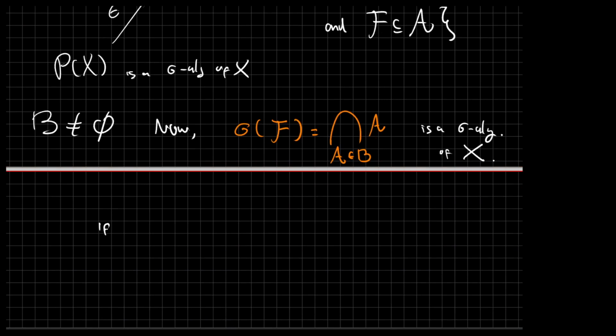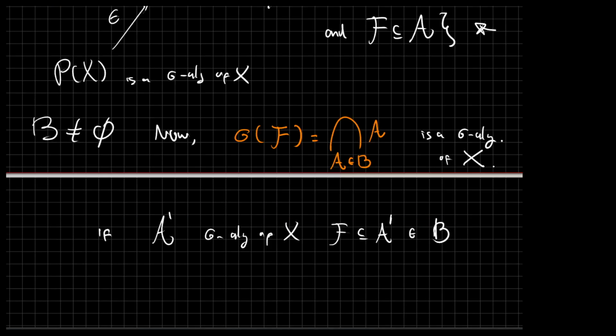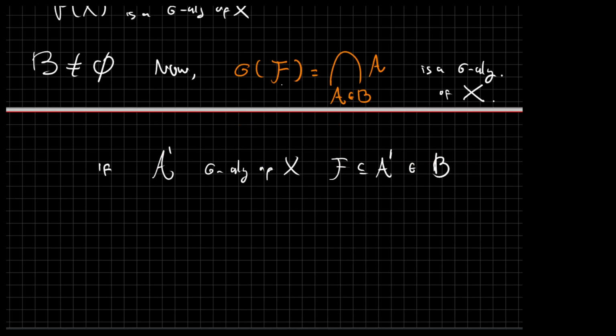So let's say that we have a sigma algebra A prime of X such that F is included in A prime. Then of course A prime will be an element of B by definition, and since it is an element of B and this is the intersection of every element of B, then it's in A prime.